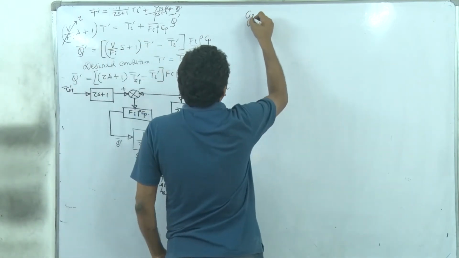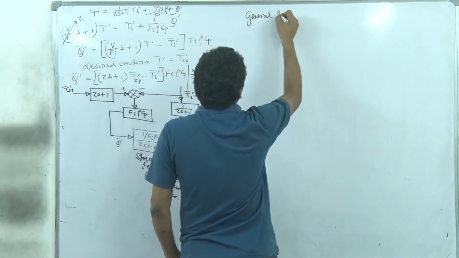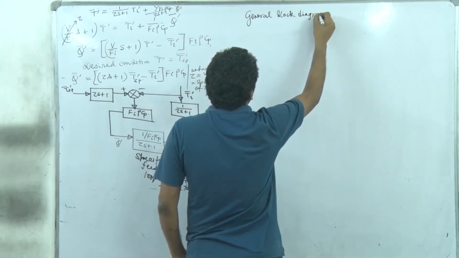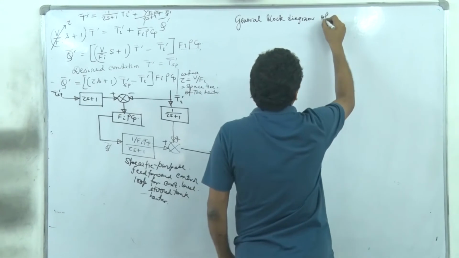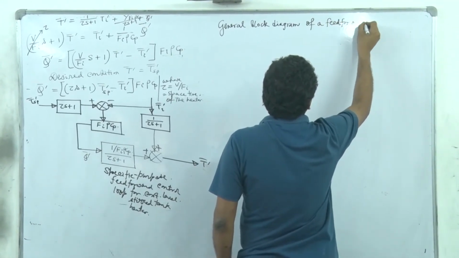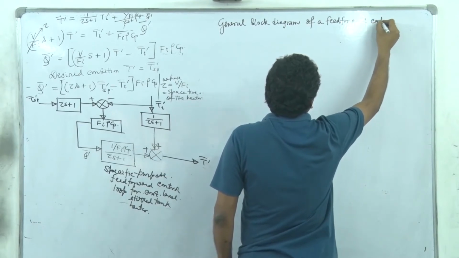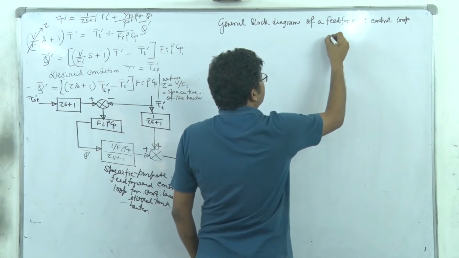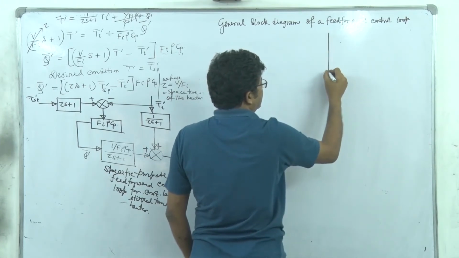So the general block diagram of a feed forward control loop, right?